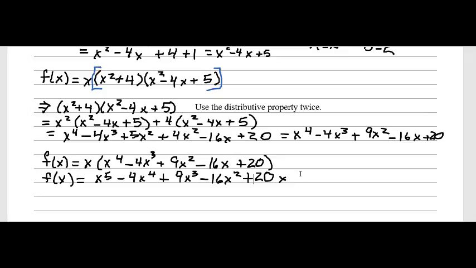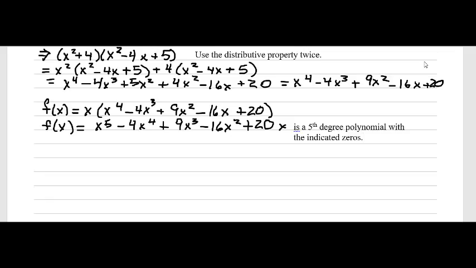So this is a 5th degree polynomial with the zeros that I needed, that were indicated.